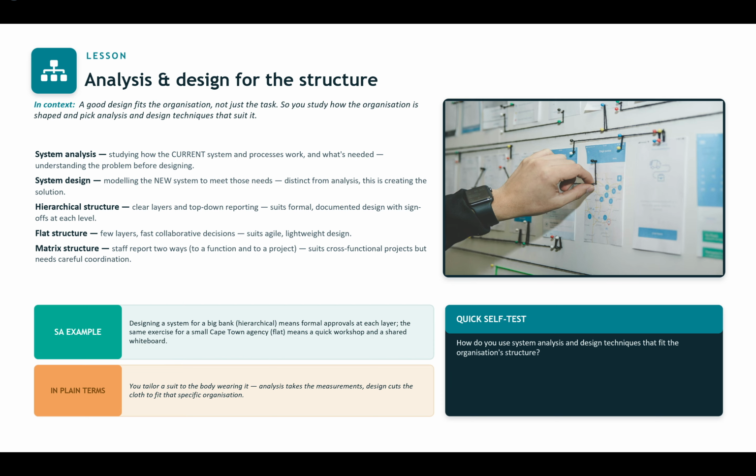For different contexts, we then use different approaches, from the hierarchical structure to the flat structure to the matrix structure. All of them are suitable for their own particular use cases. In plain terms, you tailor a suit to the body wearing it. Analysis takes the measurements, design cuts the clothes to fit the specific organization.